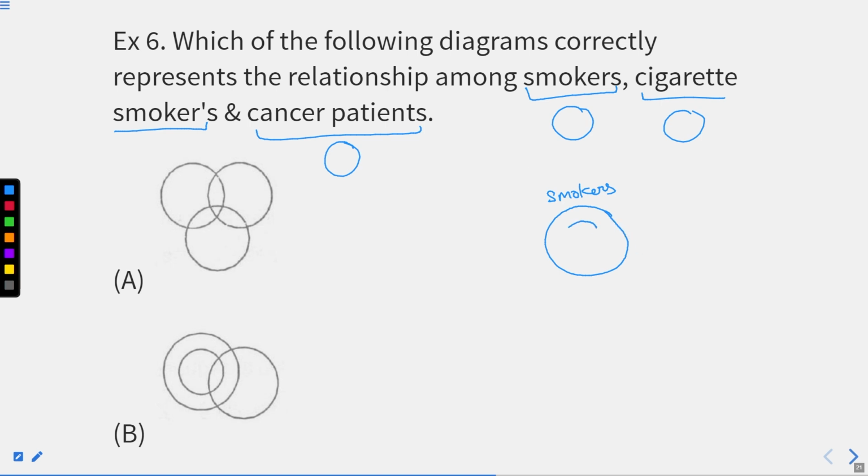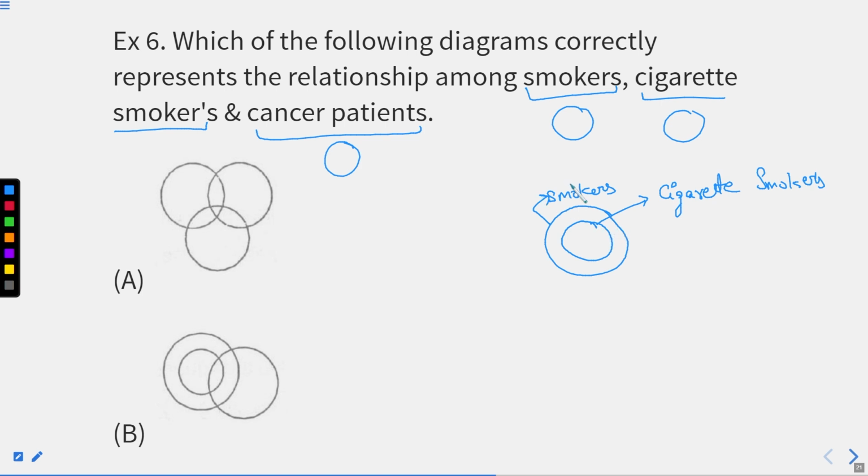So let's say this circle represents smokers, and this circle represents cigarette smokers, right? So there is no difference. Cigarette smokers are also called smokers, but among smokers there are many things to smoke. You all know that, right? In villages people used to smoke multiple things, right? But specifically cigarette smokers are also called smokers. That is why they are inside this circle.